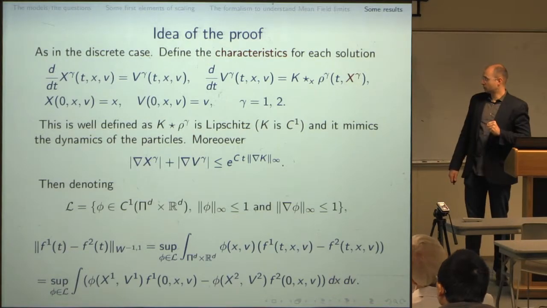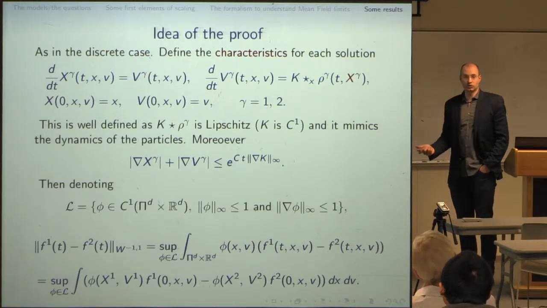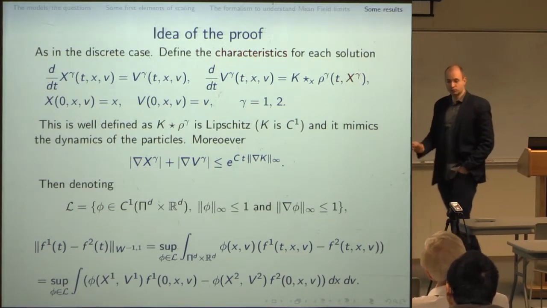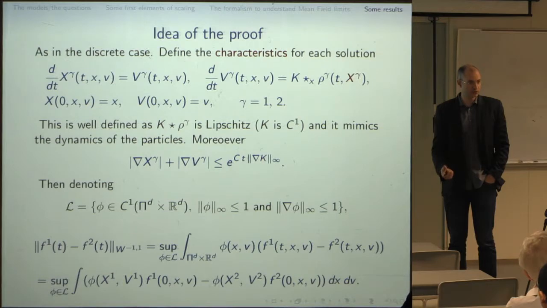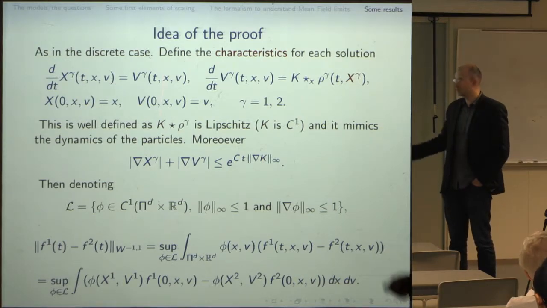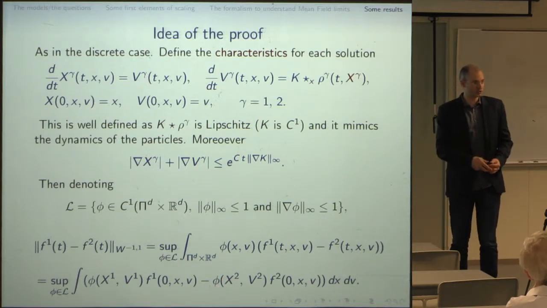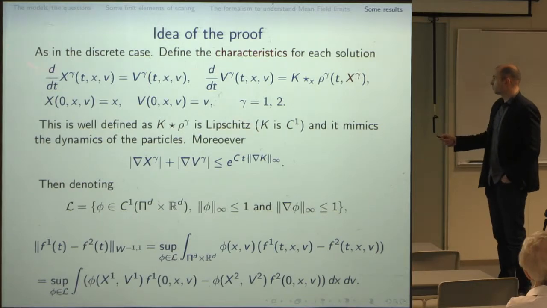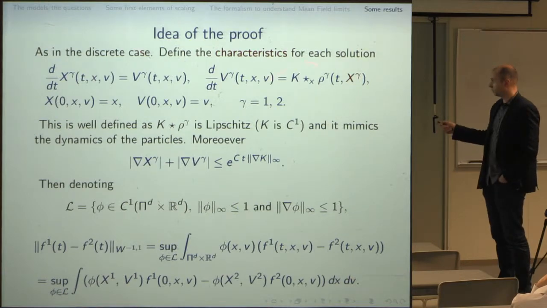The proof, I'm going to go very fast on it because I'm kind of late now. The proof, essentially, you've seen it. I showed it to you when I showed you the well-posedness in the Lipschitz case, and when I showed you a result which was independent of the number of particles. And this is the exact extension of that result, except that now I have to put a lot of structure on it. So instead of defining a discrete system of ODE, now I define a family of systems of ODE by the characteristics like that, and you see that it's exactly the same kind of equation.